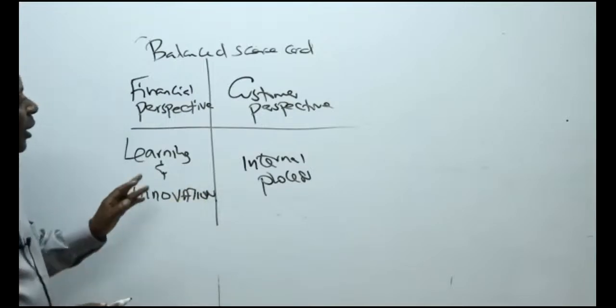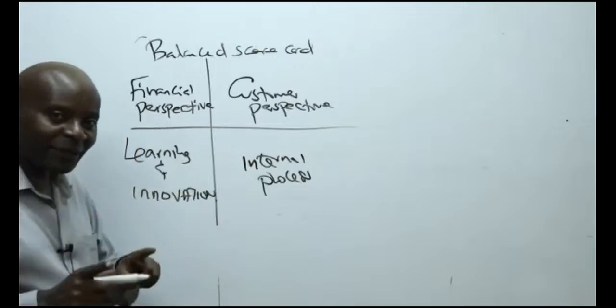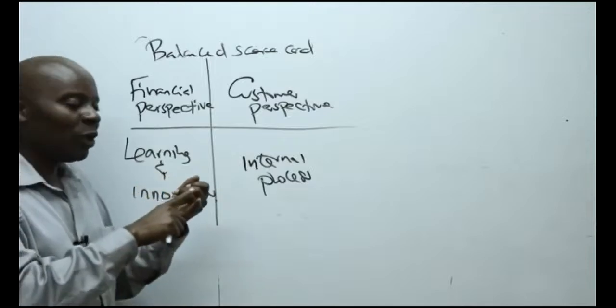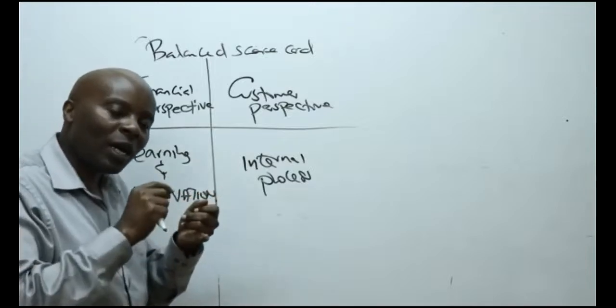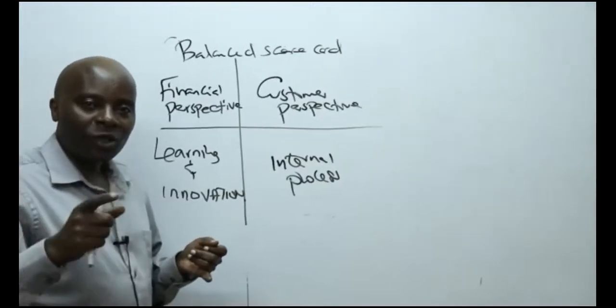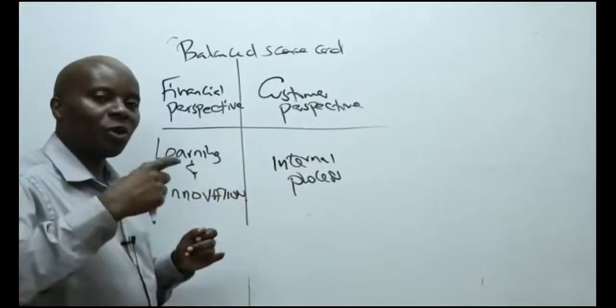Ladies and gentlemen, there is really nothing much to talk about here. It's quite an easy area, but highly examinable. Remember, under the financial perspective, the key performance indicators will be looking at our revenues growing every year. So get the percentage growth rates of revenues. Are our profits growing every year?